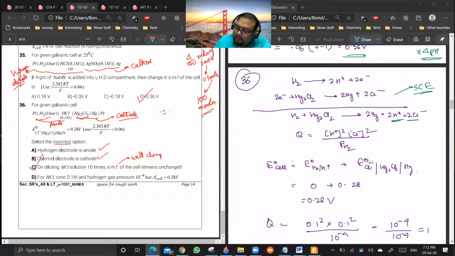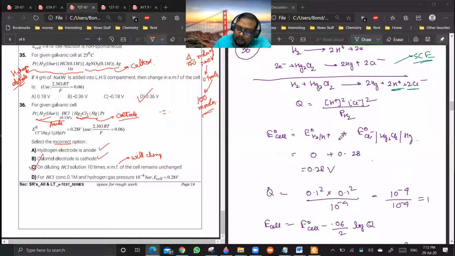The concentration of H plus initially is 0.1 molar and the concentration of Cl minus also initially is 0.1 molar only. So Q depends on the concentration of H plus and Cl minus.